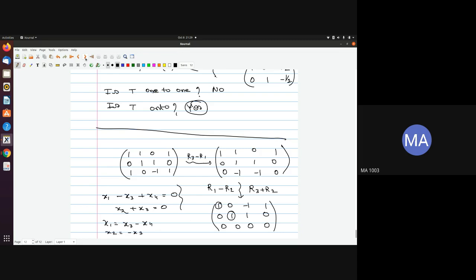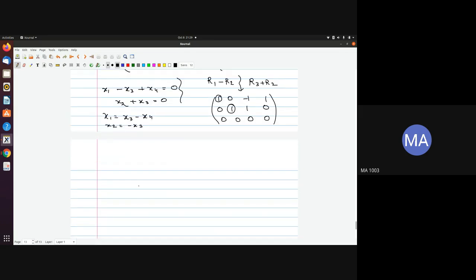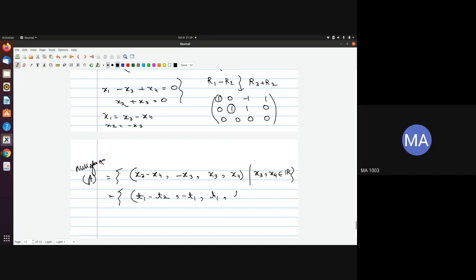So if I write the null space of A, what should I write? x3 minus x4, minus x3, x3, x4, where x3 and x4 are real. If I write x3 as t1 and x4 as t2, this is t1 minus t2, minus t1, t1 and t2, where t1, t2 are real.